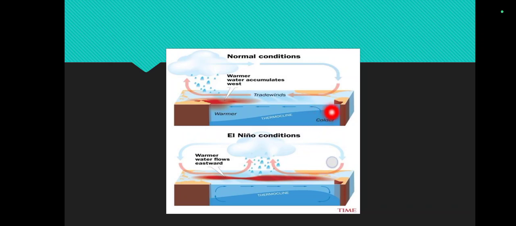So here you can see the thermocline at a very shallow depth. In the normal year the thermocline is quite shallow as compared to El Nino, where the thermocline is quite deeper as compared to the normal year.